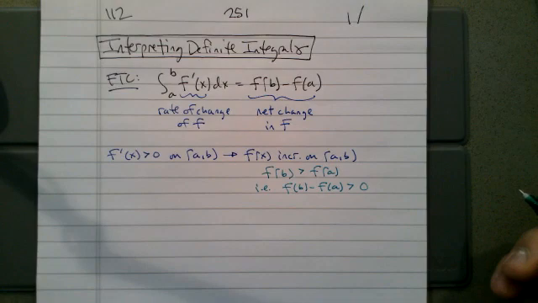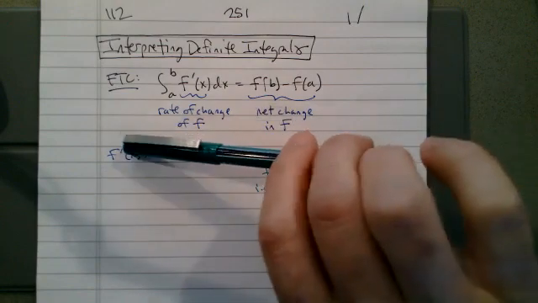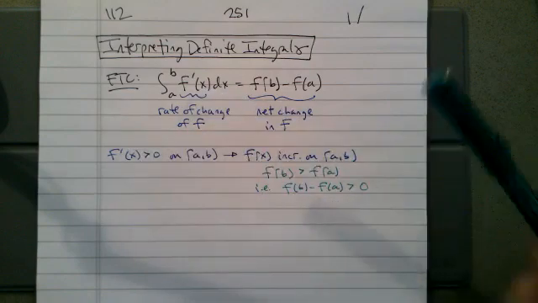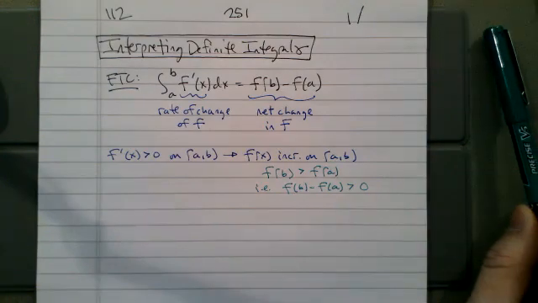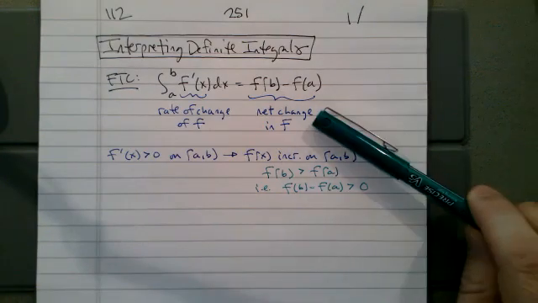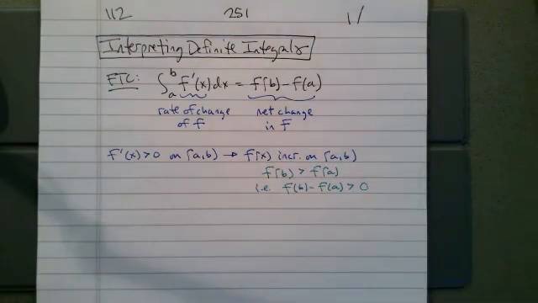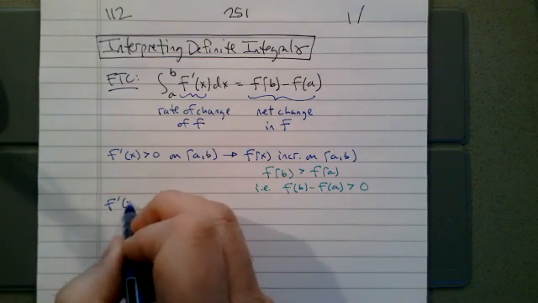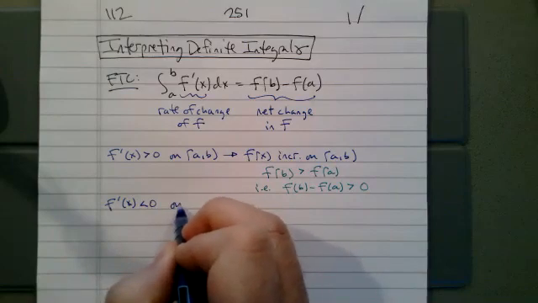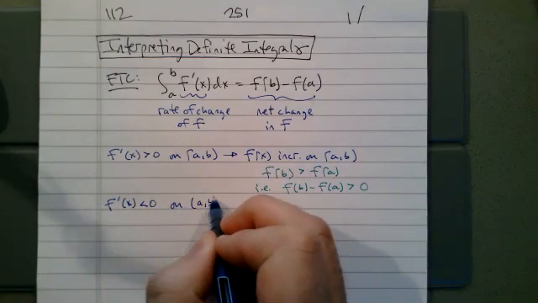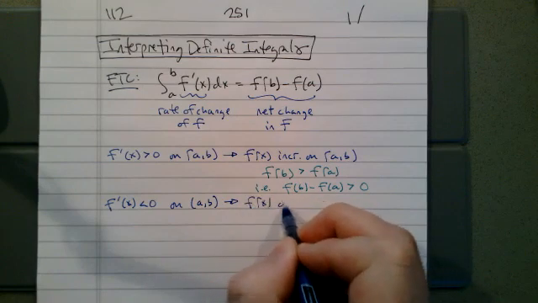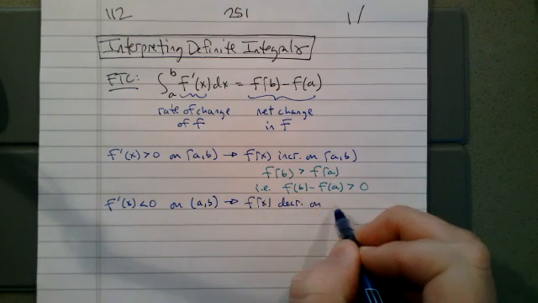So if f prime is positive, then f is increasing. The definite integral tells you how much the function increased. If the derivative is negative on the interval, then f of x is decreasing on the interval.